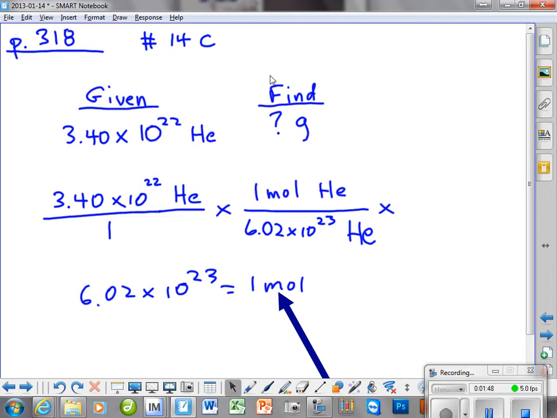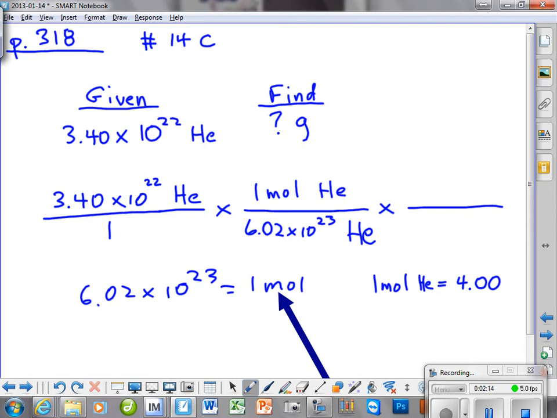Now, our last fraction is going to be done from using the number off the periodic chart. And when you look at the periodic chart, you're going to find this equality for helium. 1 mole of helium is equal to 4.00, I believe. And it is indeed 4.00.